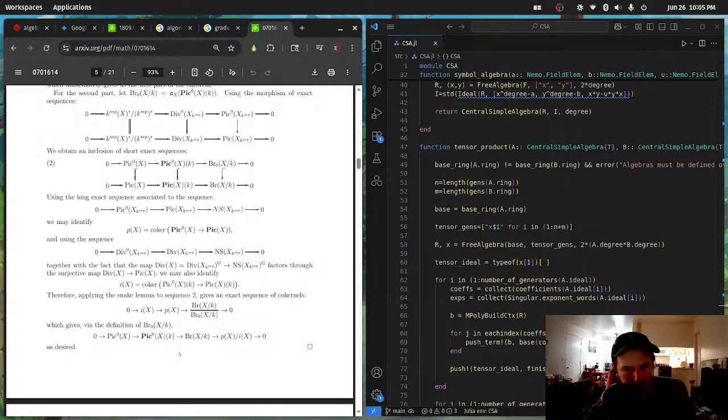The hard step in the middle is coming up with an isomorphism. I think this is a non-trivial thing. An isomorphism from the Severi-Brauer variety to projective space.